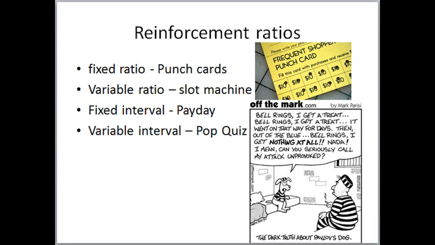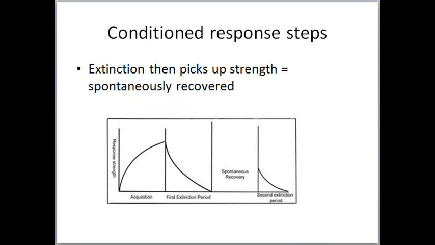Now, as you're going through the steps of operant conditioning, we come across this step of extinction. Extinction is when you have created this behavior and now you're trying to get rid of that behavior, or it goes away by itself. Sometimes after this extinction period, you'll notice that a behavior might spontaneously happen again.